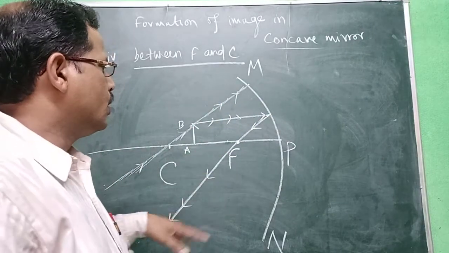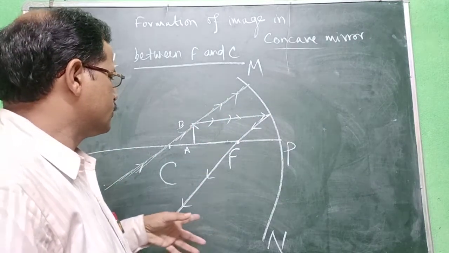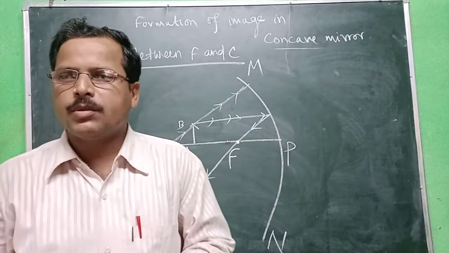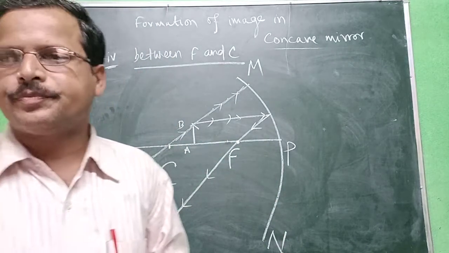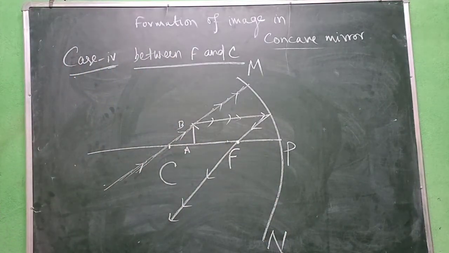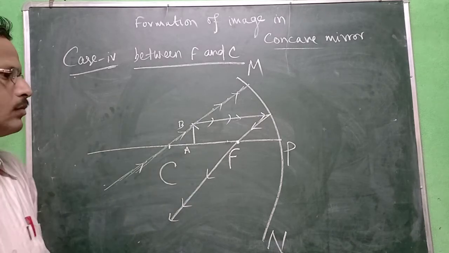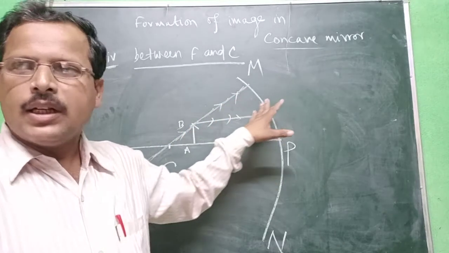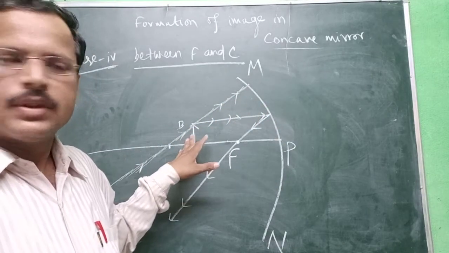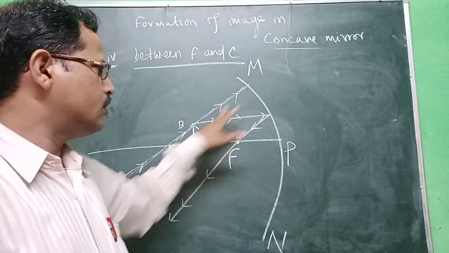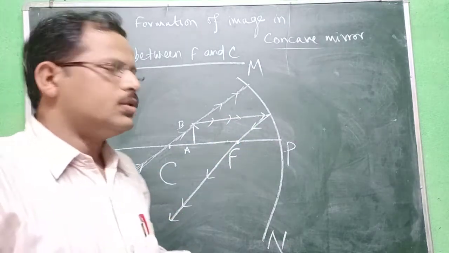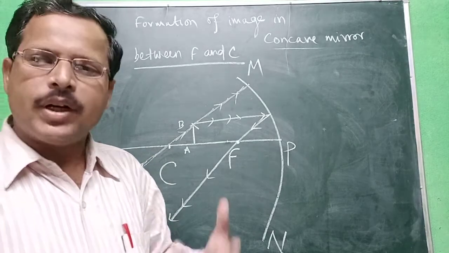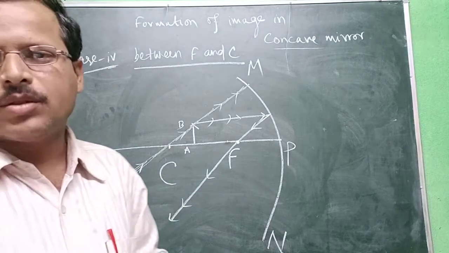Okay. What happens when a ray passes through the center of curvature? You see, the ray will go back on the same path. Okay. And we need the meeting point, the point of intersection of the two lines, to get the image.